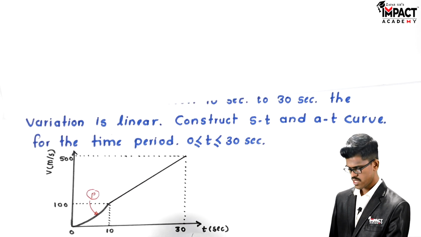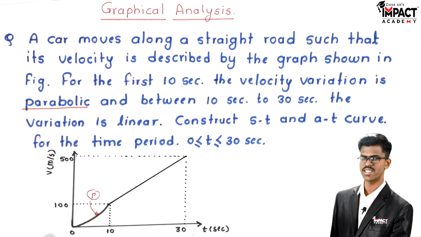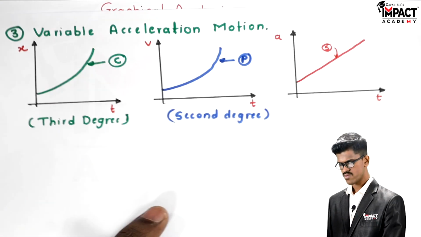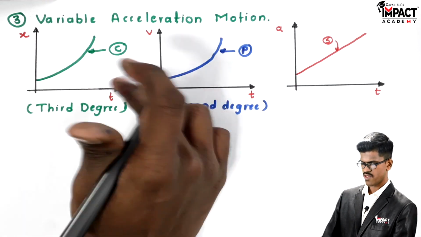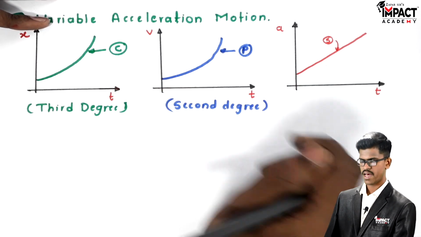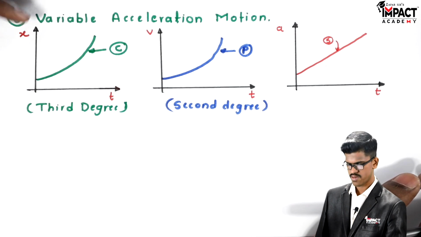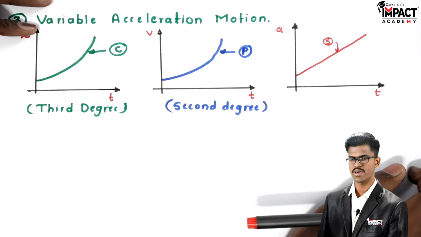So in the question, for the VT curve for the time interval 0 to 10 seconds, the nature of the curve is a parabola. If we see for the variable acceleration motion, the nature of the curve for the VT is a parabola, and we have to construct the displacement position time curve.